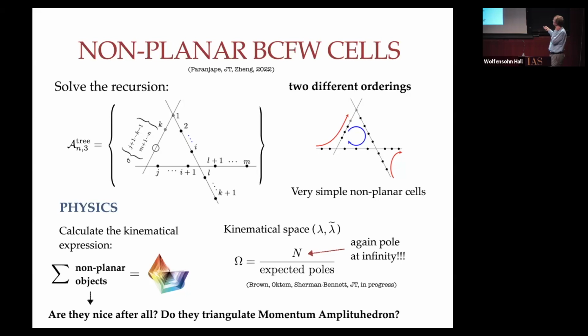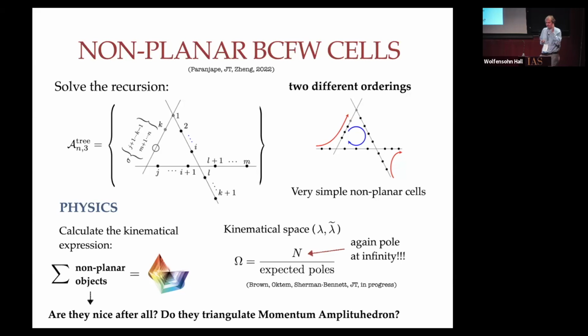There is one ordering here, and there is a second ordering going here. So this is still a sufficiently simple set of points, which has two different orderings. Perhaps you can associate two different permutations to it. This will definitely not generalize very far, but these are all the BCFW cells that you can obtain.